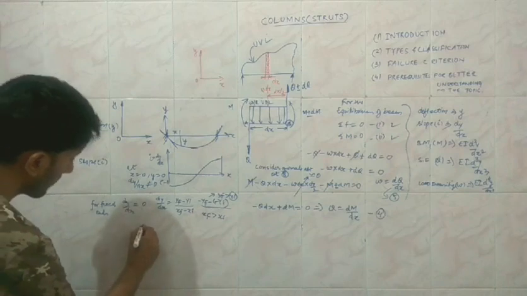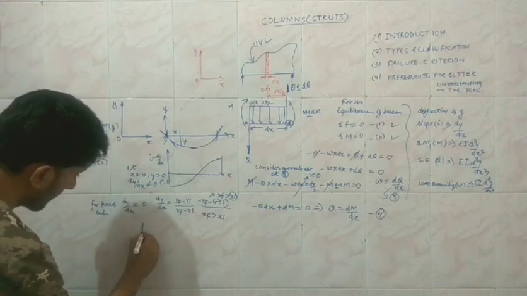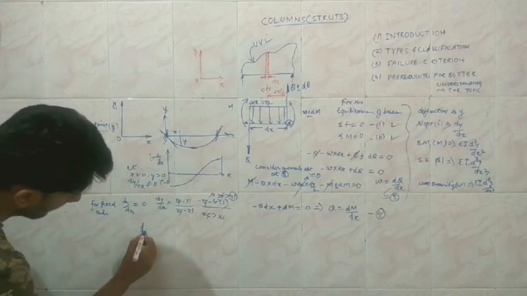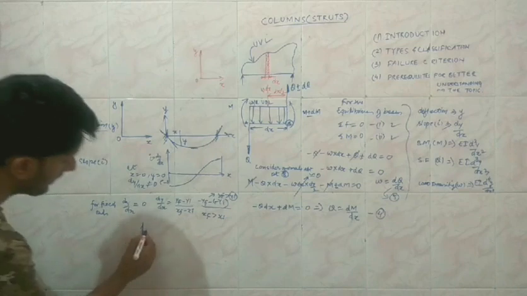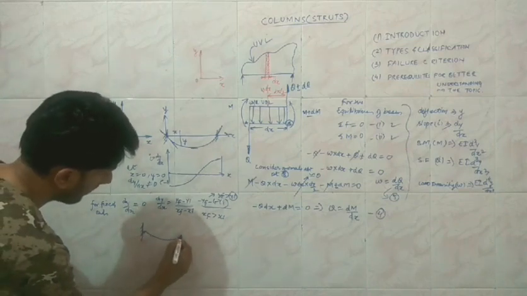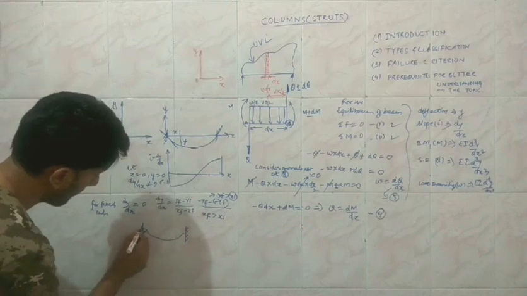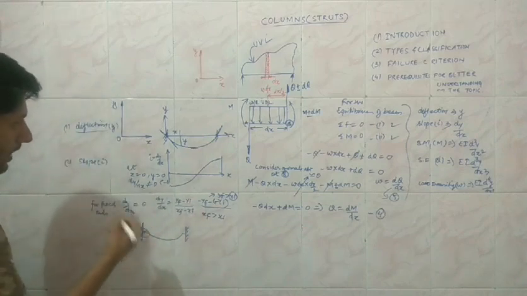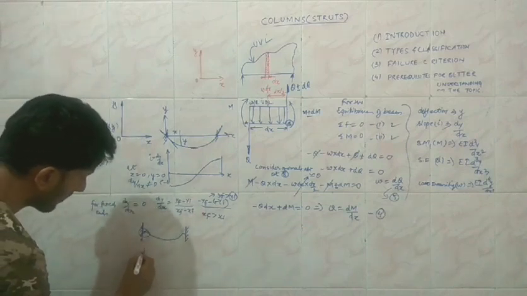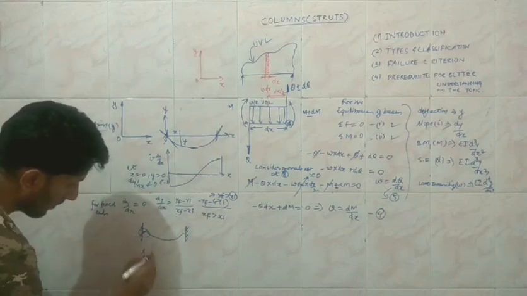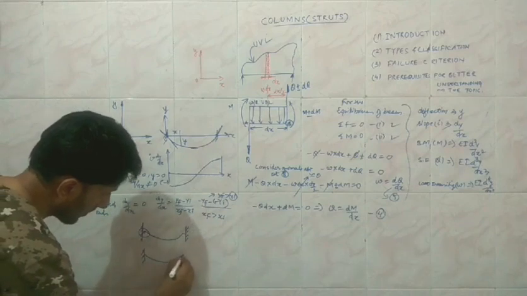Why is it so? Because the ends are fixed, the differential movement, actually this end of your beam or the column, is going to be perpendicular to it, and later on it is going to be deflected. So this is going to be the situation, but this is the magnified view. If you see it in the actual view, then this perpendicular is going to be seen very, very small, and it is going to be equivalent to this.